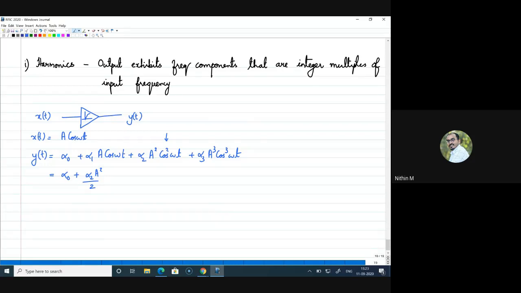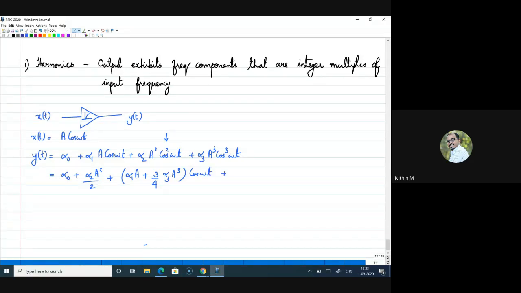Even order term is nothing but the square term. So alpha 2 a square by 2, and plus you will have alpha 1 a cos omega t, and also one more component which gives the fundamental frequency whose amplitude is 3 by 4 alpha 3 a cube. So this is your cos omega t component, which is a desired component.